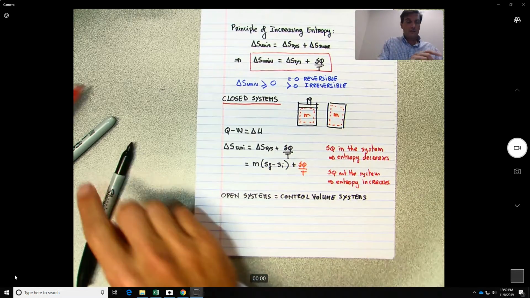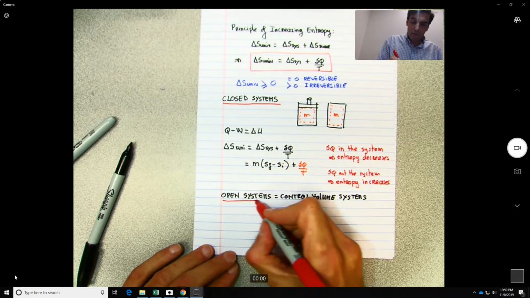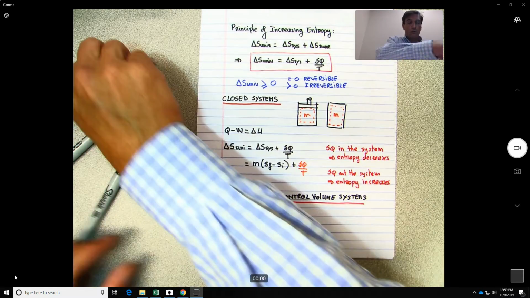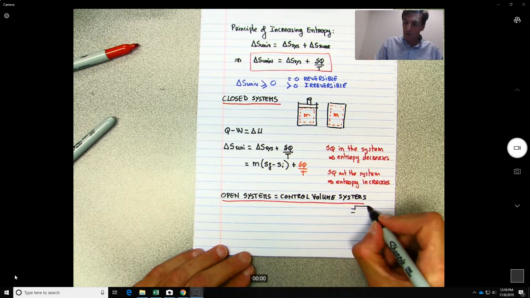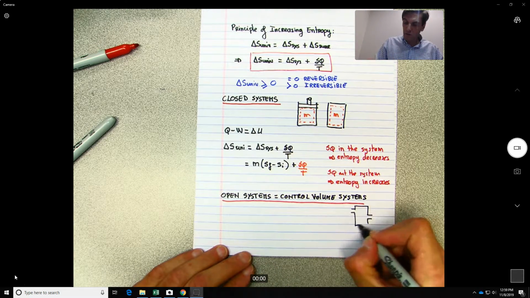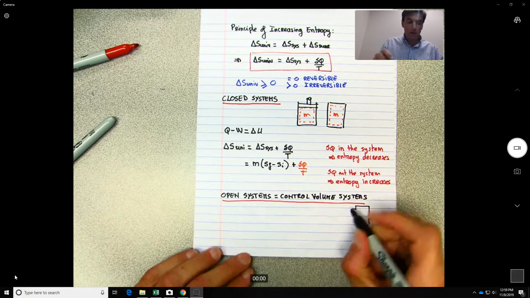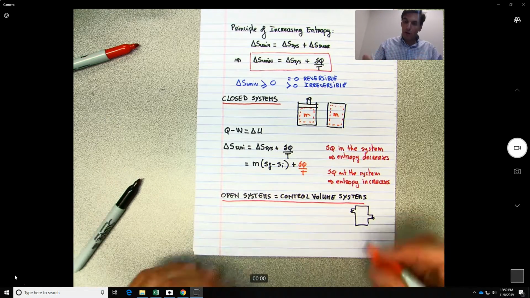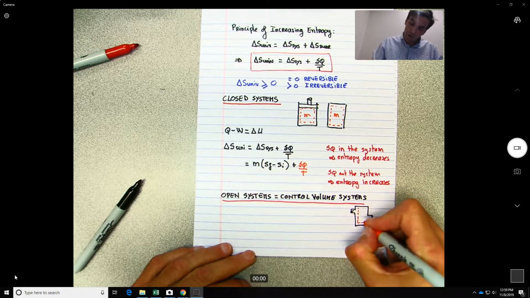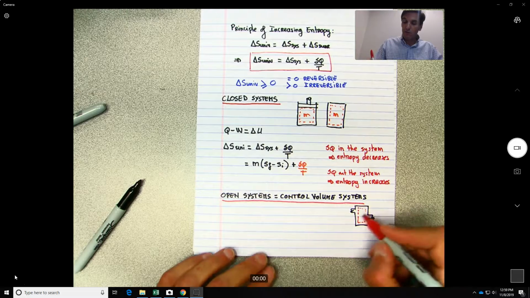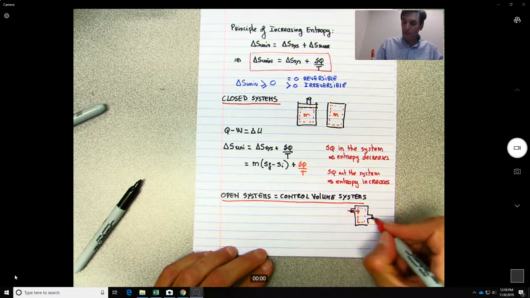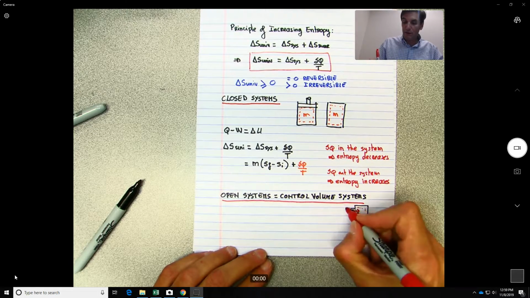In this case, you will be dealing with systems that have a mass flow. So this is your control volume. That's why they call it control volume, because this is under control and you have mass flowing.